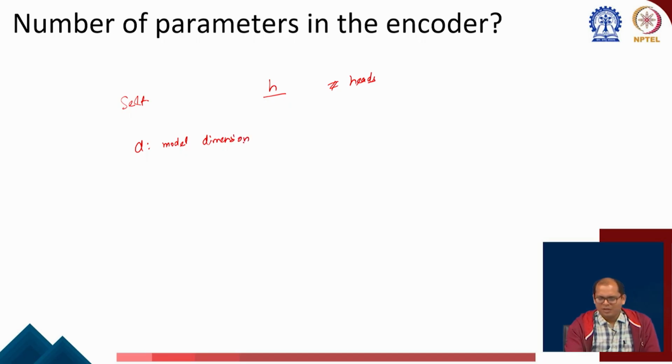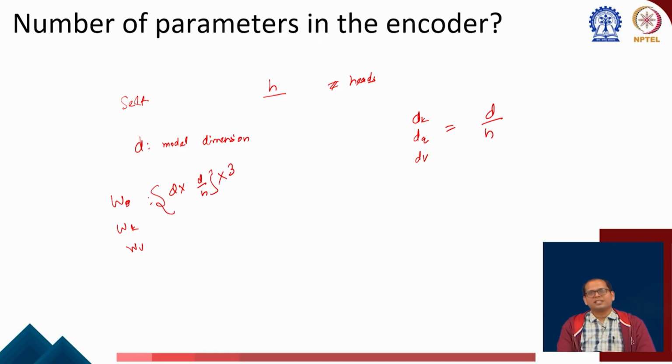Generally, your dimension for query, key and value are all the same, that is kept to D by H, and you have H heads. So, what are your 3 matrices WQ, WK and WV? They would be D times D by H each, into 3 such matrices. Now, you have 3 such matrices for one attention head, so you will have similar matrices for all the H attention heads. So you multiply by H.